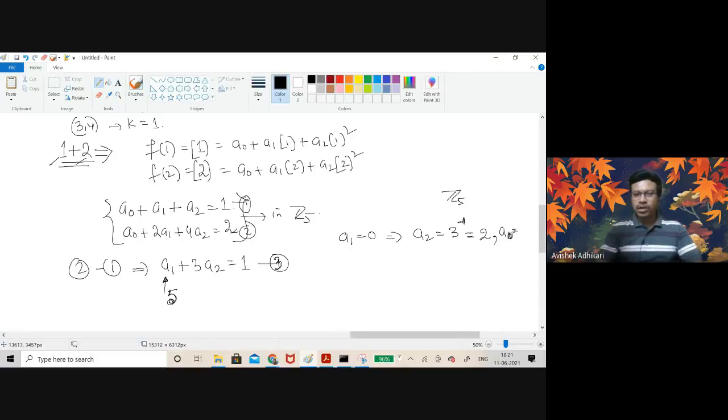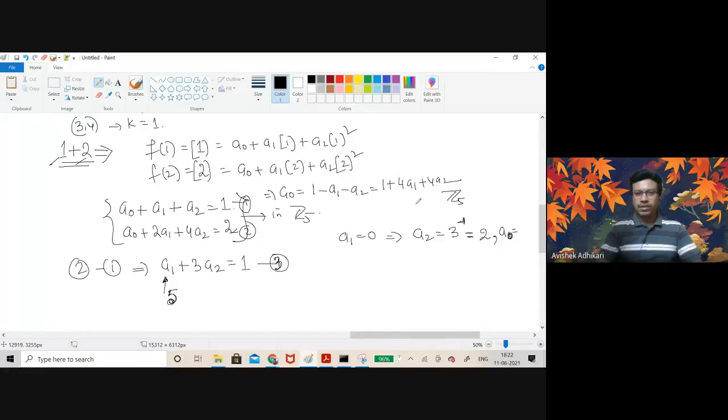In that case, a0 will be your how much? From here you will be able to calculate. So in that case, a0 will be 1 minus a1 minus a2. So this minus means 1 plus 4a1 plus 4a2.